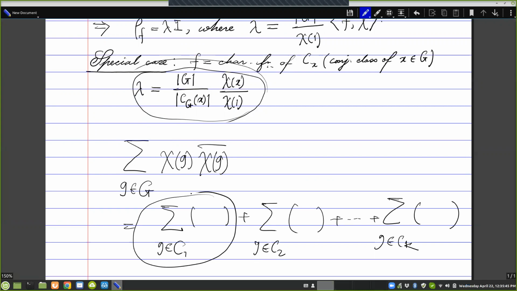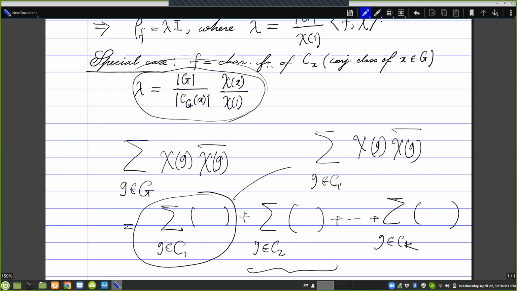Suppose you consider a typical sum over g' in Ci of chi g' times its conjugate.